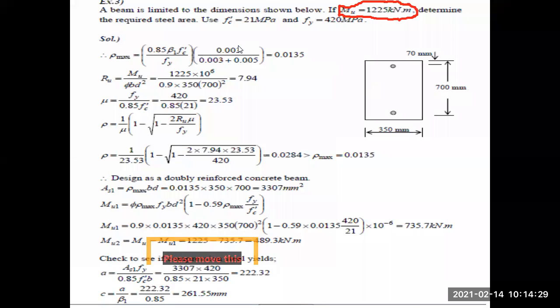In case the moment you got by applying rho max is much less than the required moment, that means the section ought to be reinforced in the compression zone as well, because the maximum amount of steel reinforcement in the tension zone is not providing a moment equal to the moment that the question is asking us to design the section for.